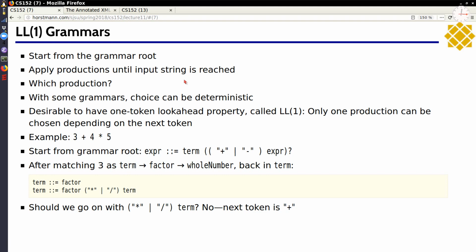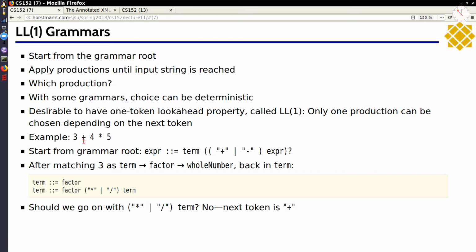So if we look at, for example, 3 plus 4 times 5. So we know we have to start with the expression. And so the first thing says, we must call term. So let's look at the rule for term. Term is going to call factor, and the second rule here is not going to be applied because looking at the next token, you see that it's going to be impossible.